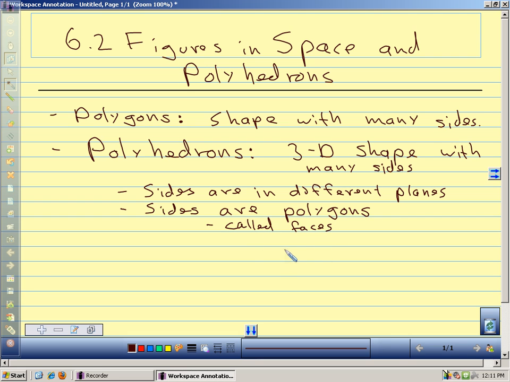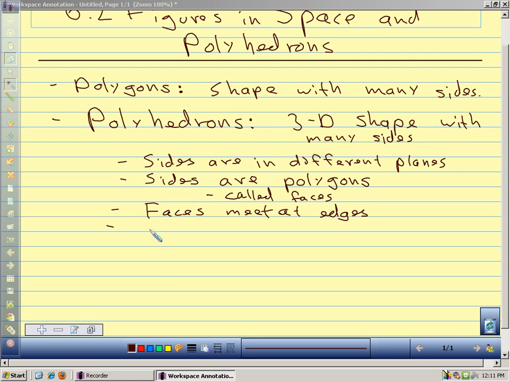So rather than sides, we call them faces. And our faces meet at edges. And the corners, just like with polygons, we call the corners vertices.